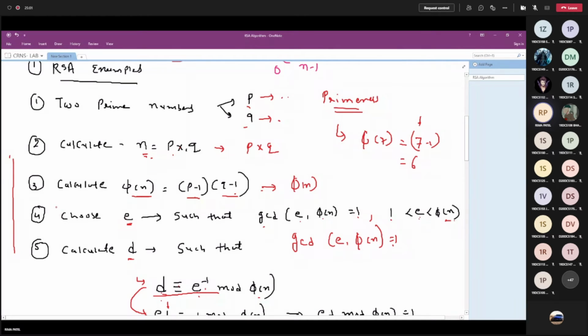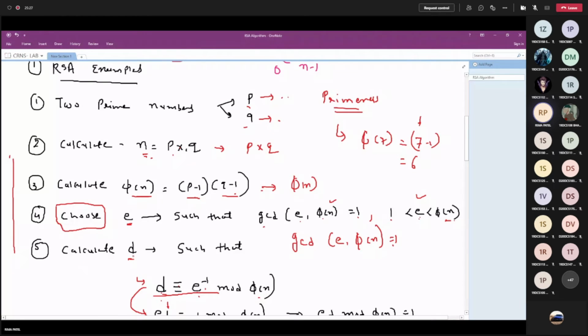Now it may happen that in an example E is given, so accordingly it will be given, or otherwise you need to assume P and Q like that. If E is not given to you, you can choose any, but it should fulfill these two conditions. We'll put the values in this algorithm and understand it in a better way.